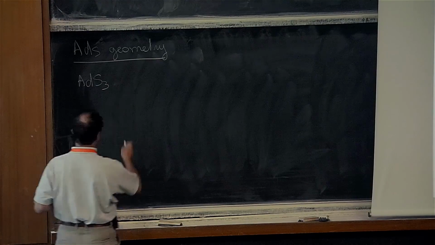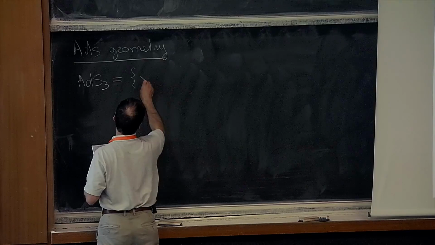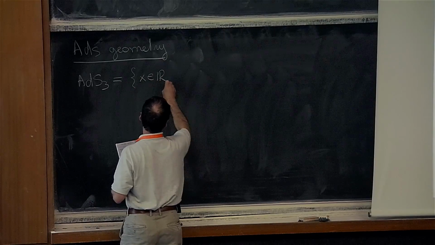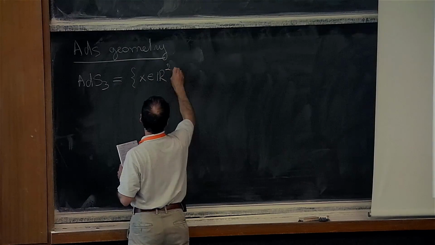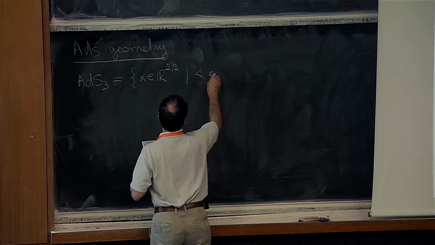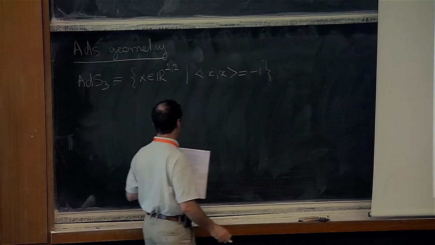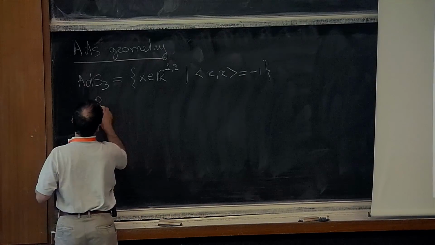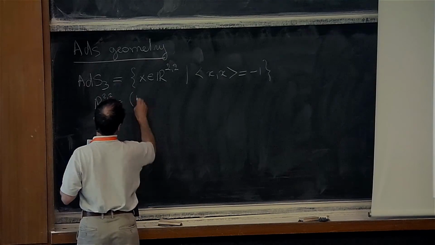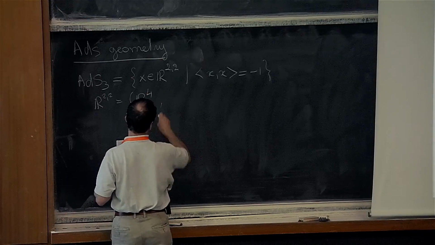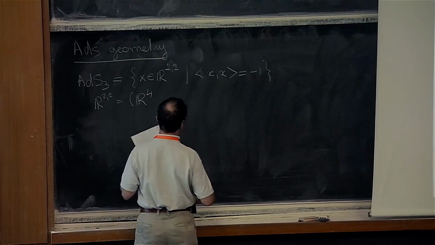There is only one tiny difference. AdS3 can be defined as a space of vectors x in R2,2 such that the scalar product of x with itself is equal to -1. And here R2,2 is simply R4 with a scalar product of signature 2, 2.